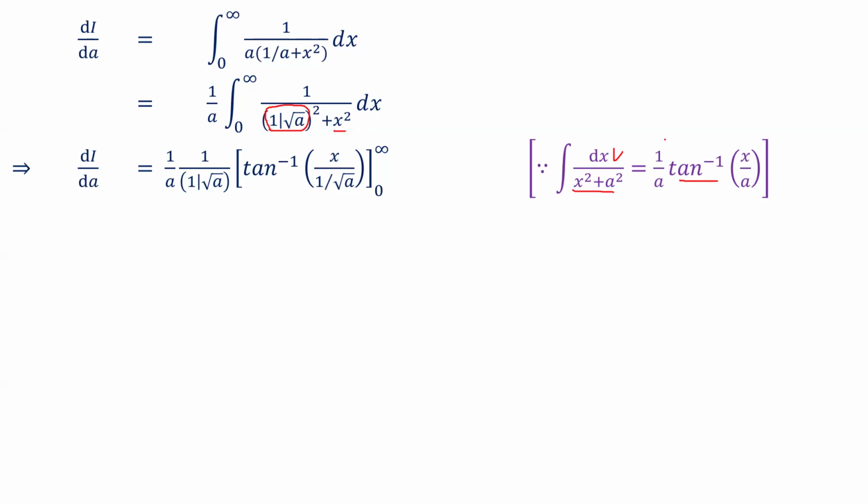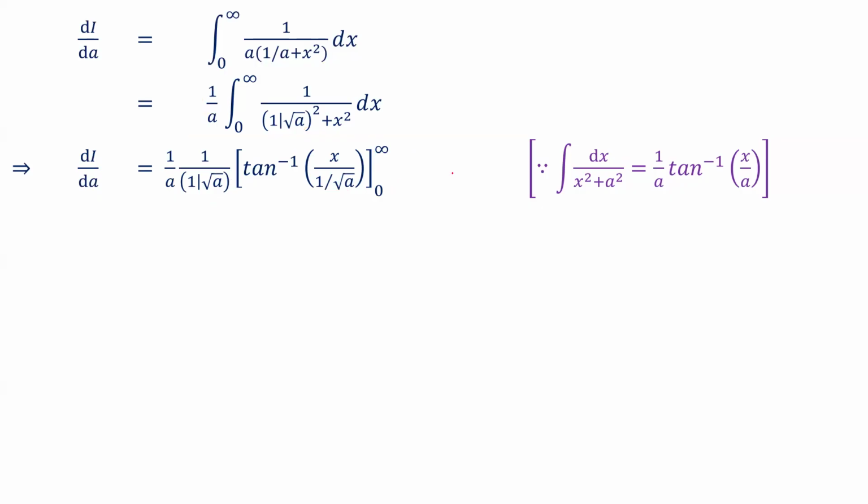So the integration is 1/a, this 1/a we first write, then we integrate this internal part. So 1/(1/√a), which is √a, tan inverse of x upon 1/√a, under the limit 0 to infinity. So I think this is clear.